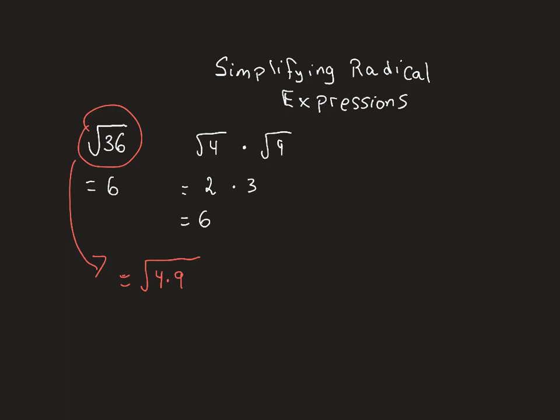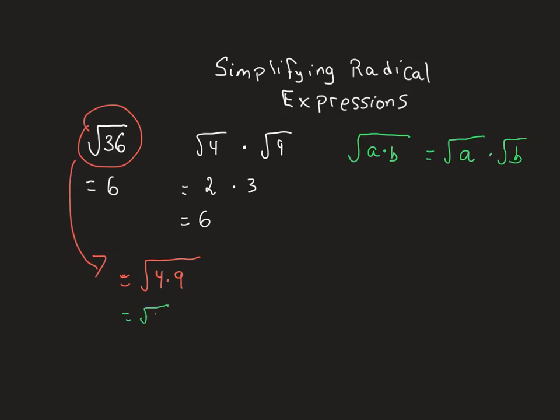So what does this lead to? This leads to a general rule, and the general rule is that whenever you have a multiplication of two terms underneath a square root, we can separate it into square root of a times square root of b. So let's try that here.